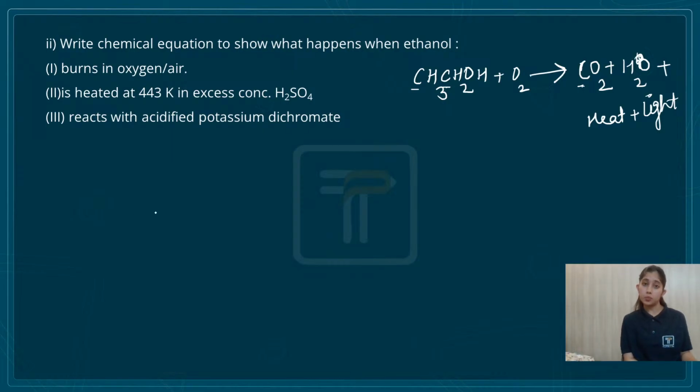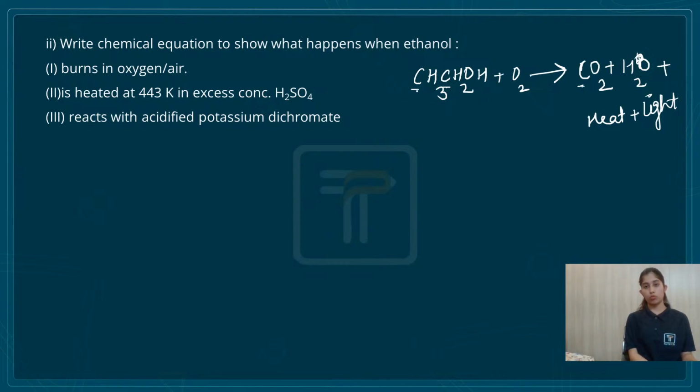We write all the atoms present in the reactant and the product, then we write the number of atoms on the reactant side and the product side, and we try to balance them out. This is the simple formula. Now I want you all to practice balancing equations, because when you practice, you don't have to make a table. Just by looking at the question, you can balance this out. So let's balance this out.